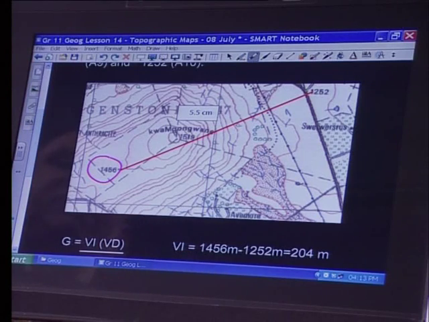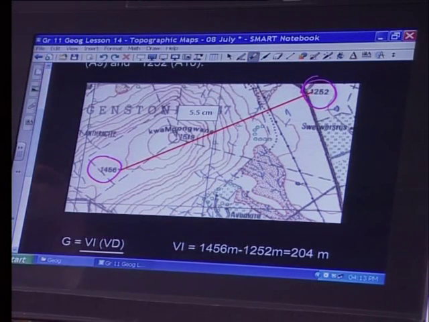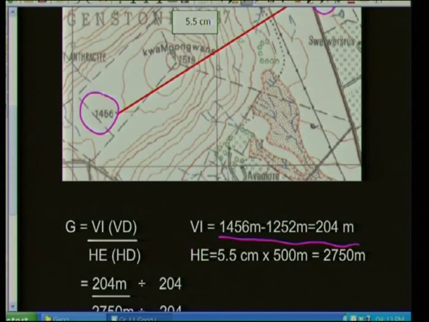Remember, it must be a positive. You take the bigger number and minus the smaller number. So in this case, it's spot height 156 minus spot height 152. With spot height, the number is actually the height. So there I have it here. Can you see it? And I got 204 meters as my final answer. So that's the difference in height.